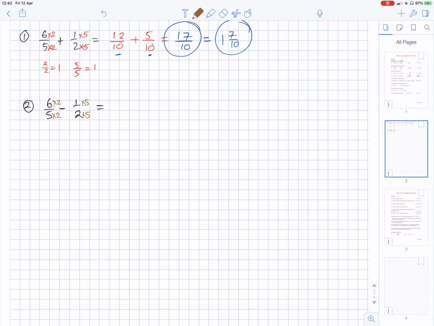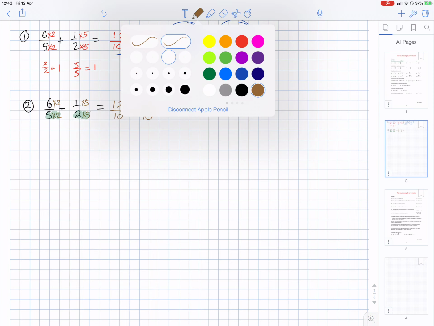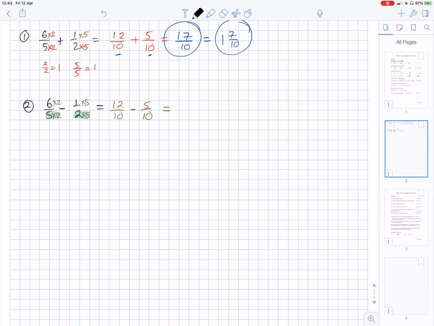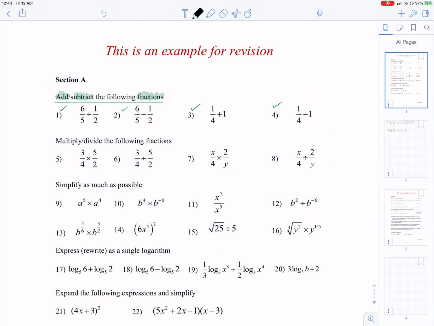And I think now you understand why we're doing the multiplication, because we're trying to make the denominators the same. So that's now a 10, that's now a 10. So this becomes 12 divided by 10, take away, or minus 5 divided by 10, which basically gives you 7 divided by 10. So that's number 2 done.